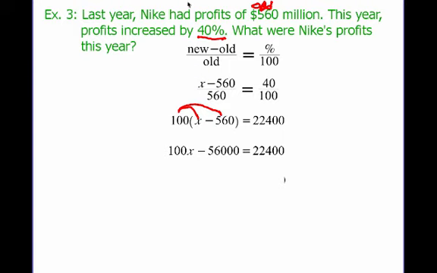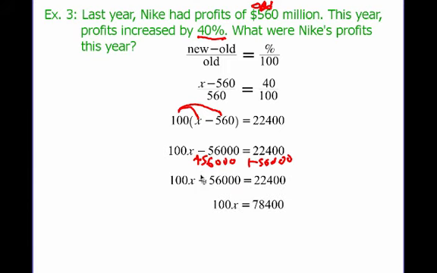Add 56,000 on both sides. I get 100x equals 78,400.